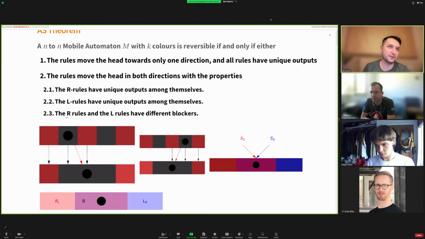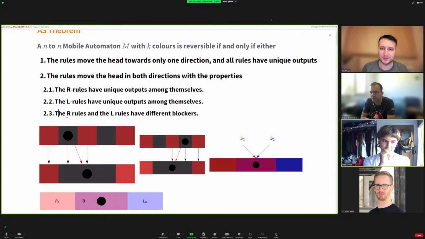Well, I don't know. It's not clear. Maybe I'm not sure whether it's actually easier to enumerate if you specify these left and right conditions separately. Is it much easier than just enumerating by restricting to those rules that have unique outputs on their own?